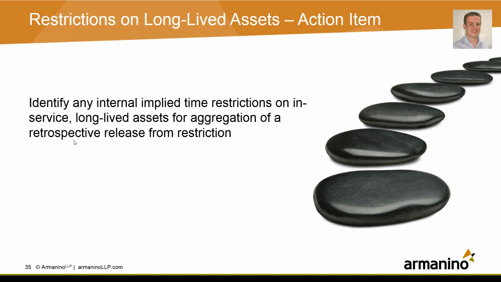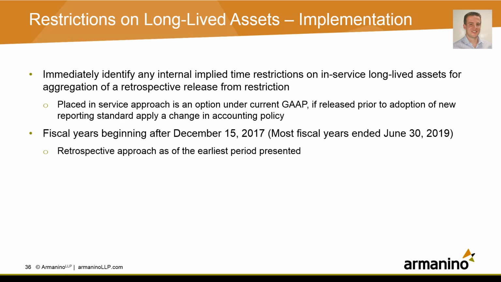So if you are using the former option, then there's a little bit you'll have to do to restate once you implement this. Again, this is effective at the same time as everything else, and with this one, it will have a retrospective approach to the earliest period presented.